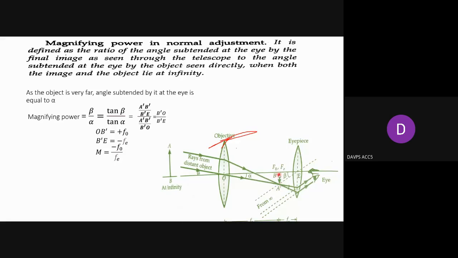So this A dash B dash is the real image formed by the objective, but here the trick is the adjustment. How can you adjust this? The eye lens should be moving in the coaxial tube.